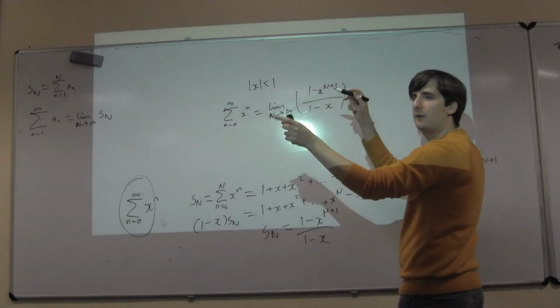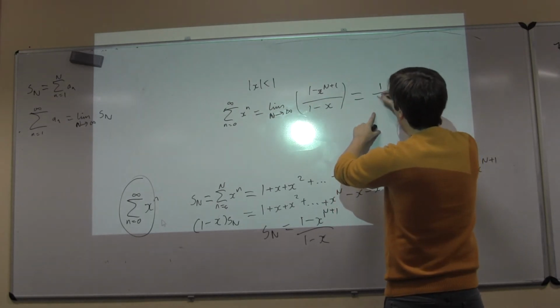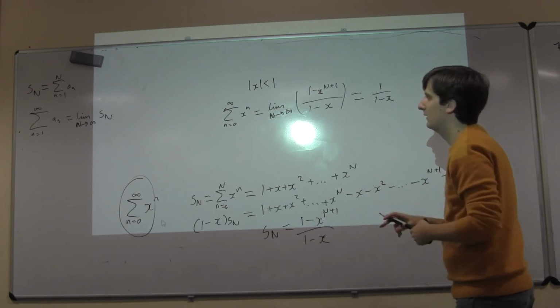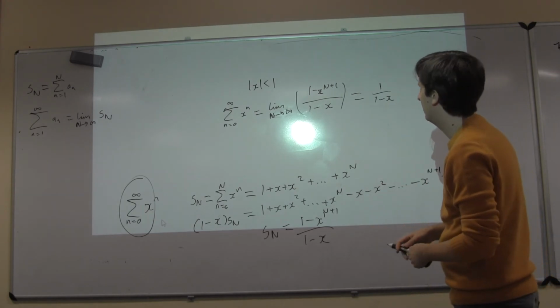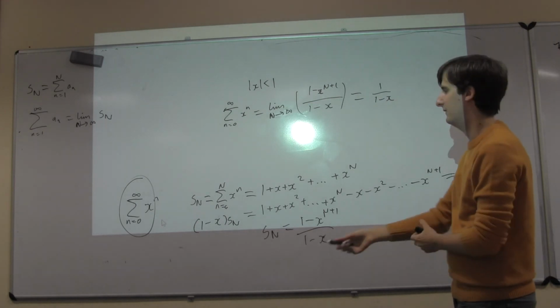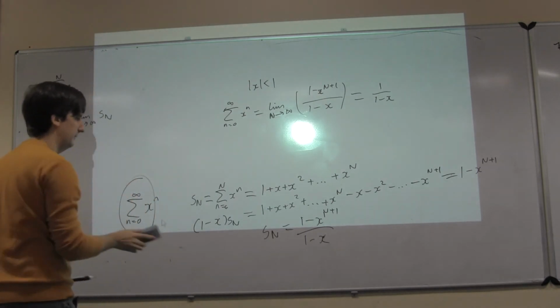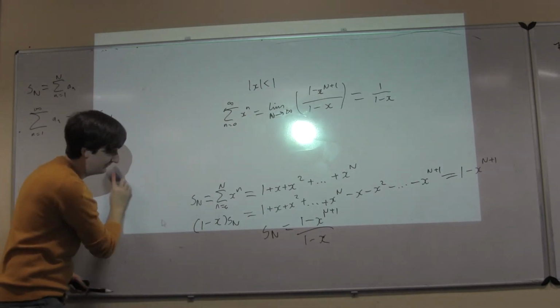If you think half, half squared, half cubed, half to the 4. So this thing's going to 0, so it's just 1 over 1 minus x. Okay, so the value of a perpetuity is like 1 over 1 minus your discount factor. So that's something with a bit of economic application.